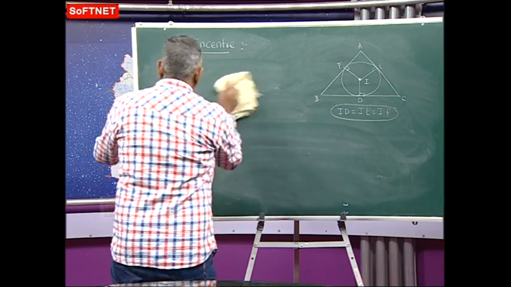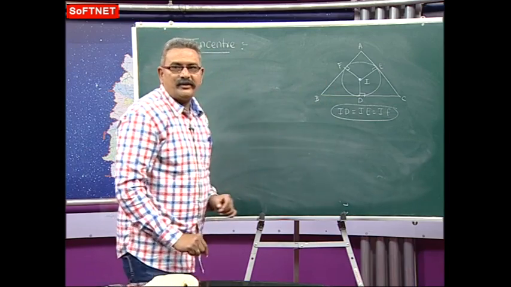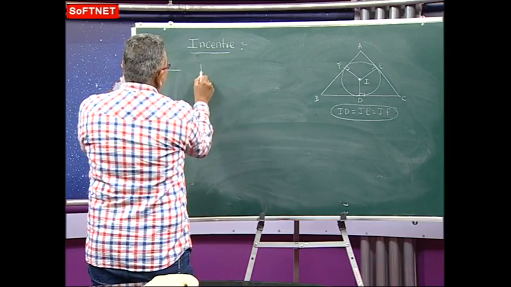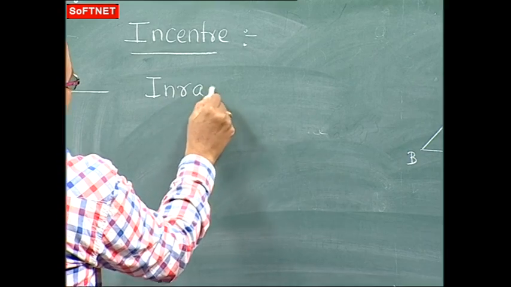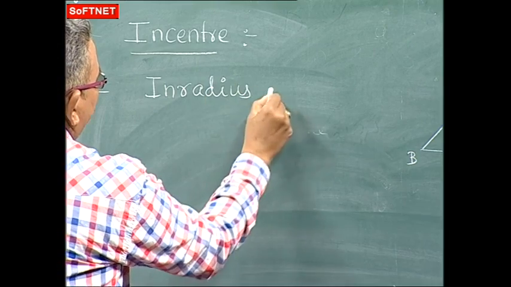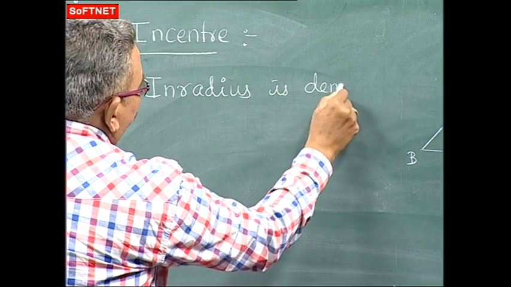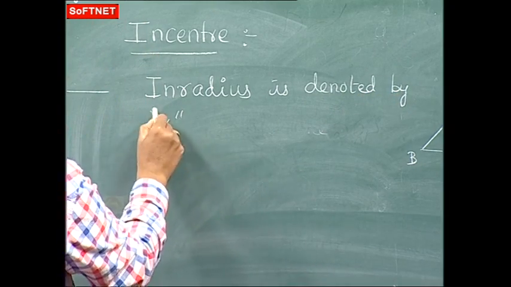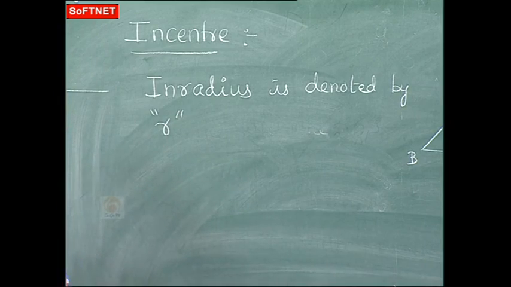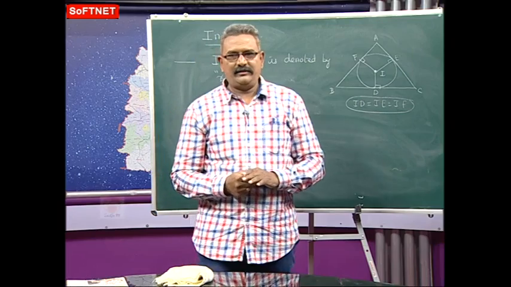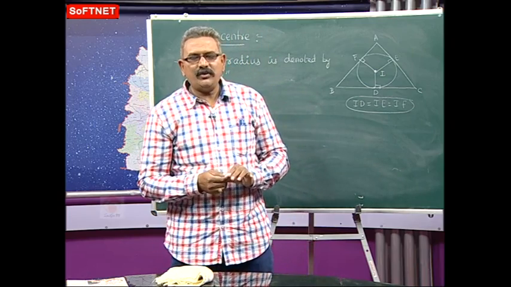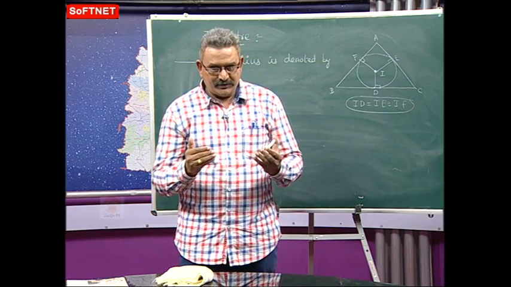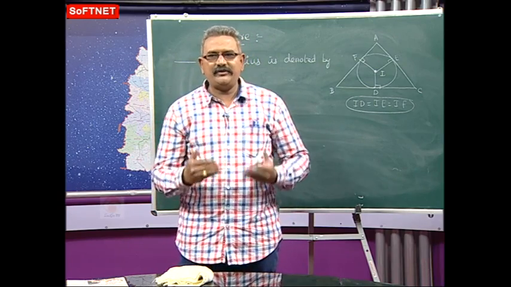Now the radius of the in-circle is denoted by small r, that is called the in-radius. Capital R is the circumradius, whereas small r is the in-radius. Now, how to calculate small r? If you want to find small r, we require the perimeter of the triangle and also the area of the triangle.